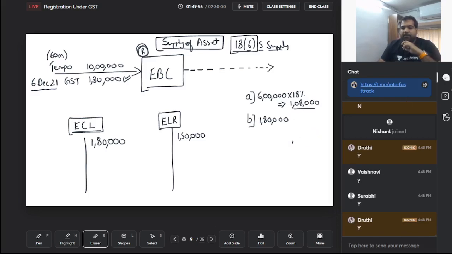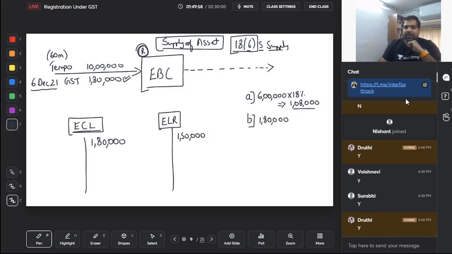In 18.6, when you were selling the capital asset, did I tell you to do monthly? Yes, please change it to quarter wise. 5% per quarter, same thing. So 1,80,000. Did you do it monthly? Yes. Guys, let me recap. Sorry, my bad. Just let me correct this. I just suddenly thought I said something different here.